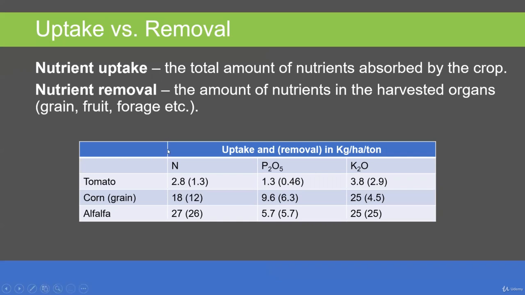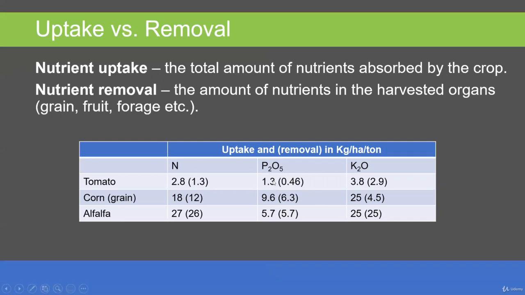But here we can see some examples of nutrient uptake versus removal, in this case in kilograms per hectare per ton of yield. So tomato, in general, these are general figures. The uptake is 2.8, but in the fruit we have 1.3 kilograms per hectare per ton.